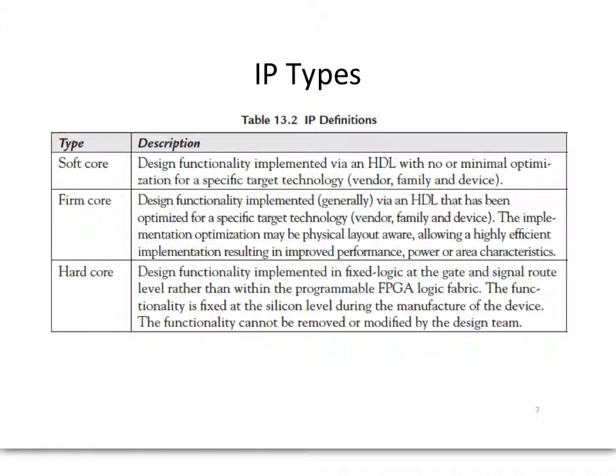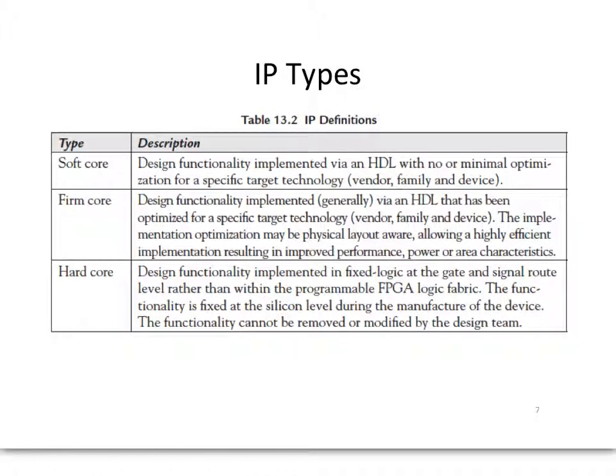That also means the implementation optimization that the tools perform is aware of the physical layout and physical resources we have in our target device. And that can allow a more efficient implementation, and it can give us improved performance, either in terms of what capabilities the core has in terms of processing power, or how much power it consumes, or the area that it takes up on silicon.